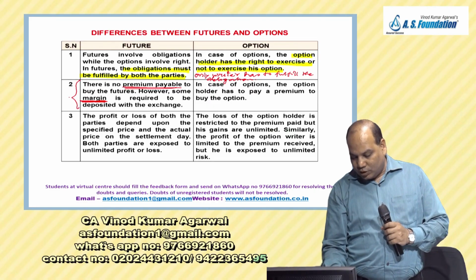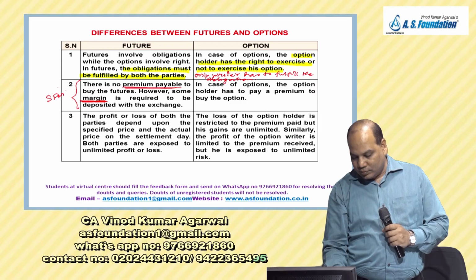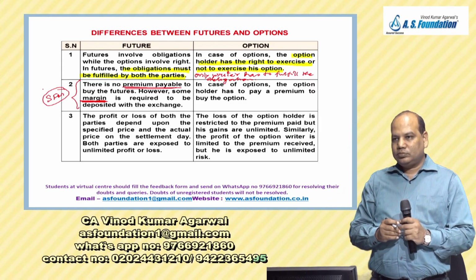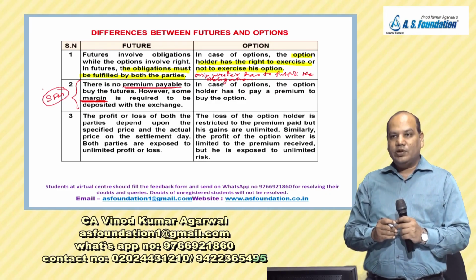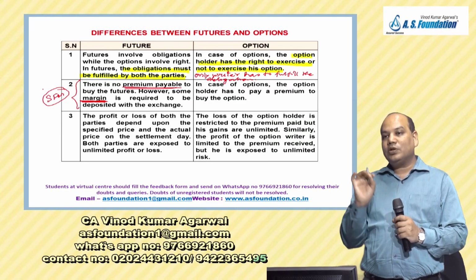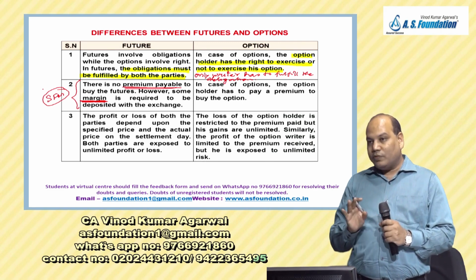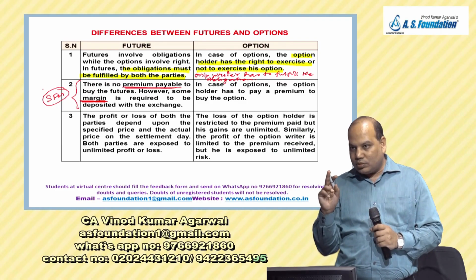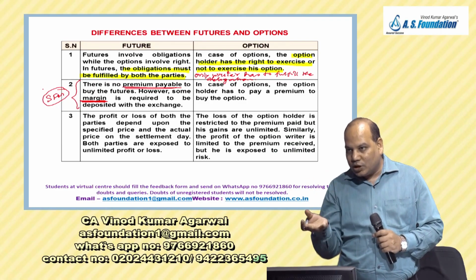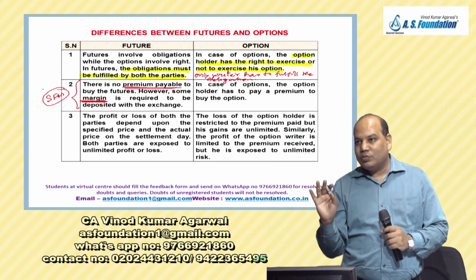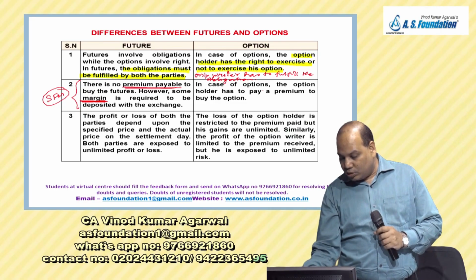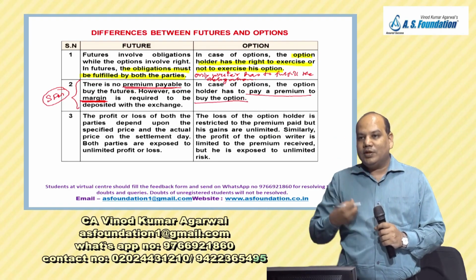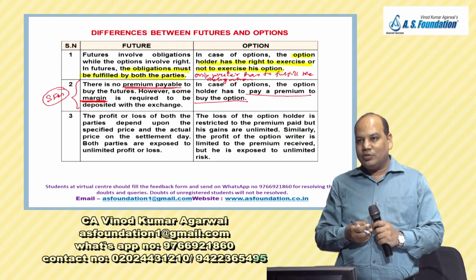Margin calculation is covered in our SFM syllabus. So again, please refer to the SFM chapter for that margin calculation. In case of option, the holder does not have to pay the margin because he does not have a risk. The writer has to pay the margin and the holder has to pay the premium because he gets the right to buy but not the obligation to buy.